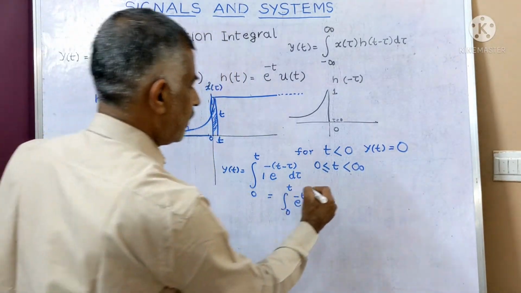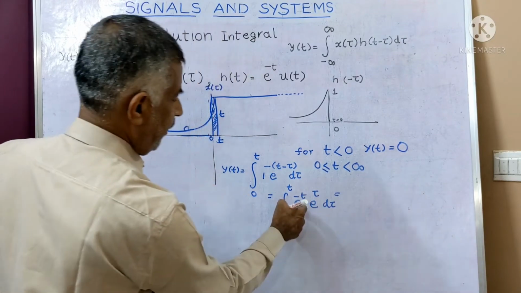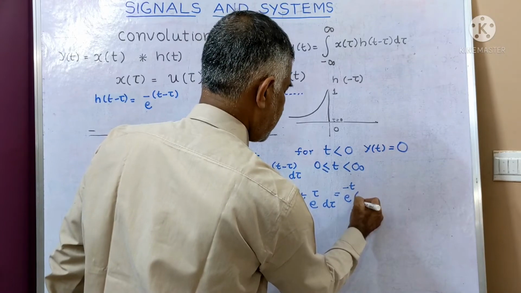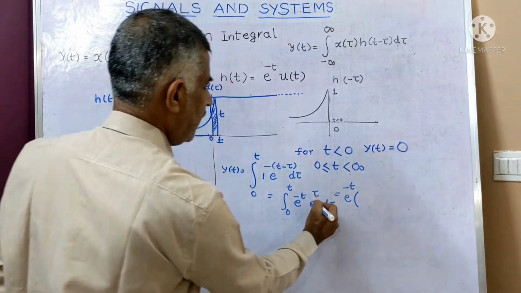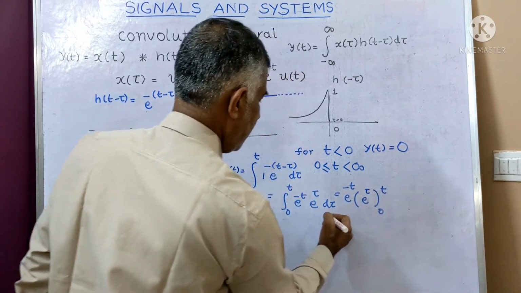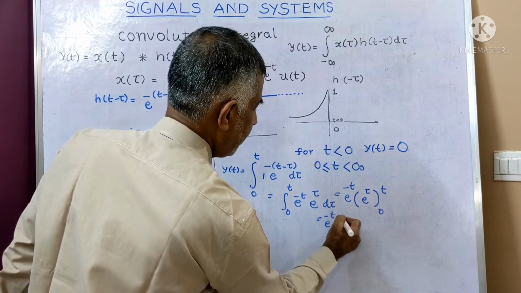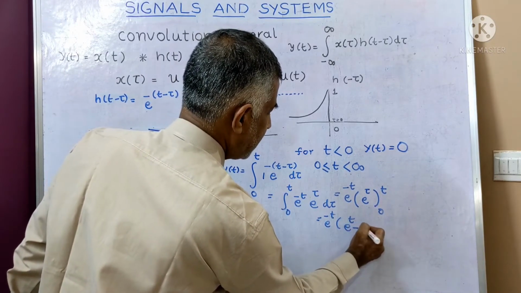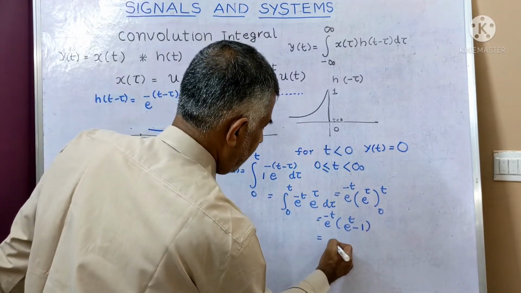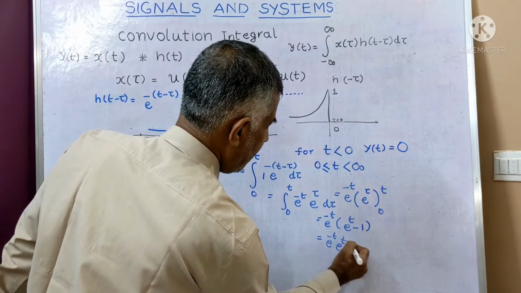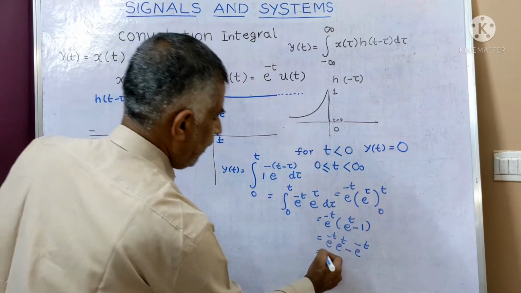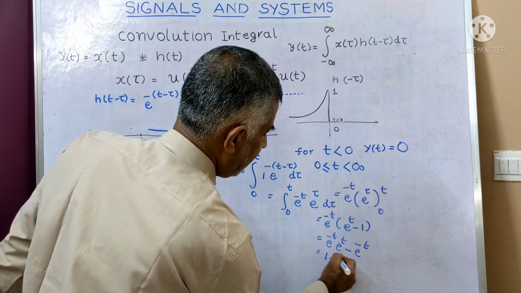We are doing integration with respect to tau. Therefore, e power minus t is a constant. Then integrating e power tau gives e power tau. Limits 0 to t equals e power minus t times e power t minus e power 0, that is 1. That is e power minus t into e power t minus e power minus t into e power 0, that is 1 minus e power minus t.